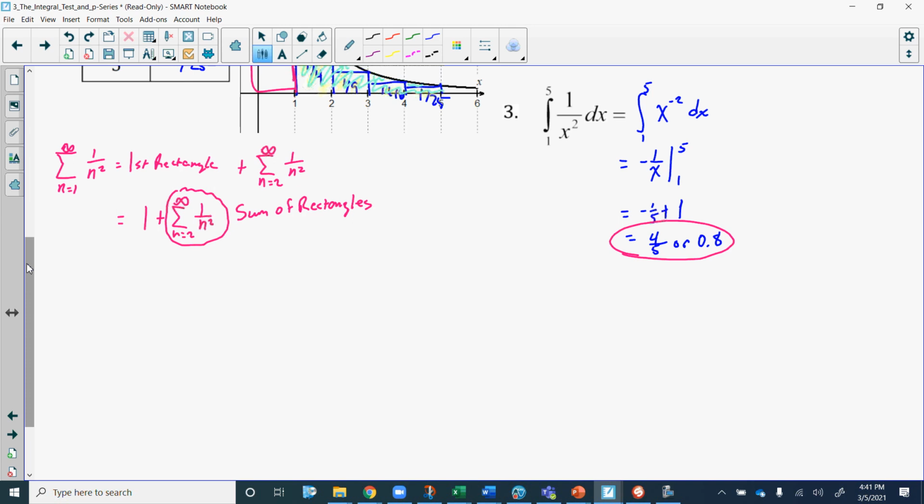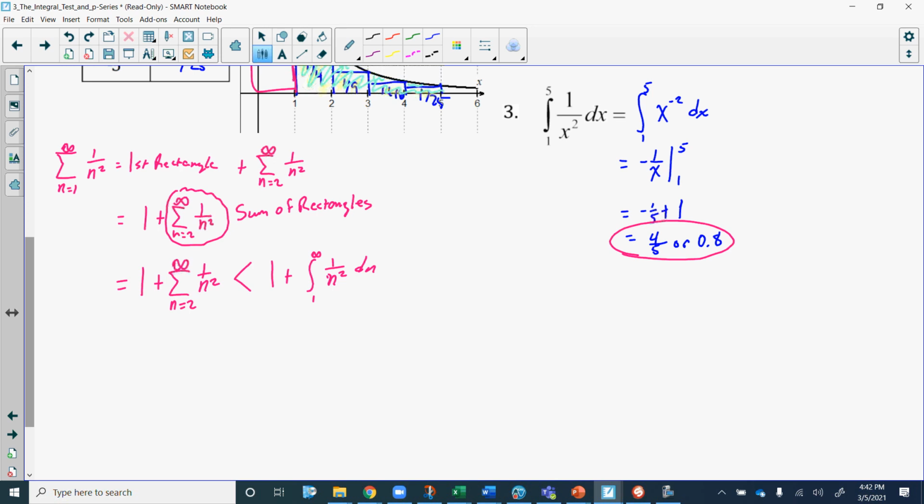But here, we can conclude at this point that 1 plus the sum of these rectangles of 1 over n squared will be less than the first rectangle, which also still has an area of 1, plus the improper integral from 1 to infinity of 1 over n squared dn. And again, if you're writing all of this in terms of x, you would write that as dx instead of dn.